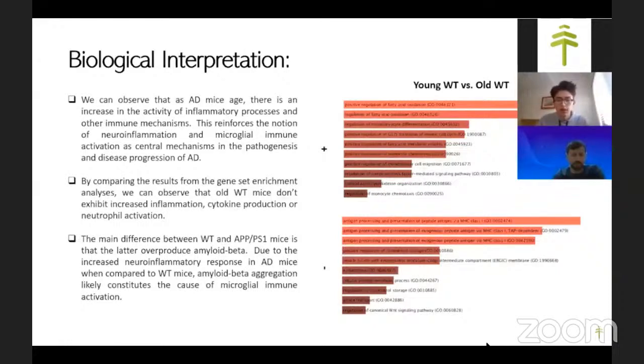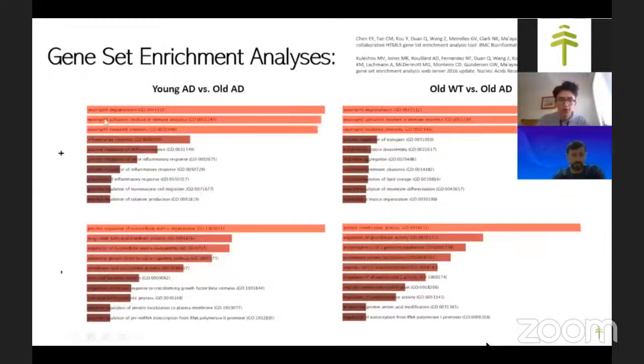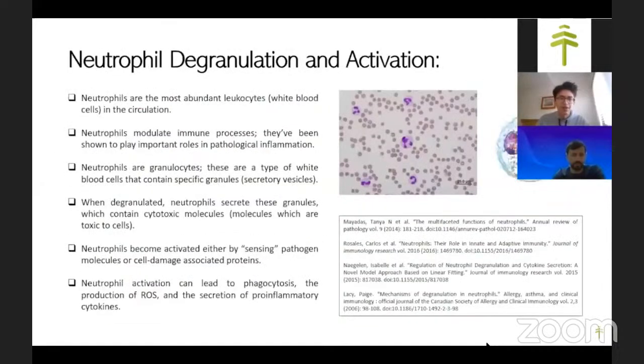And so based on these mechanisms that were the most significant, so neutrophil degranulation, neutrophil activation, neutrophil mediated immunity, I tried to research a little bit about what neutrophils are. I'm sorry, I think that I had said neurotrophils. It's neutrophil. Neutrophils are the most abundant leukocytes, so they are white blood cells in the circulation.